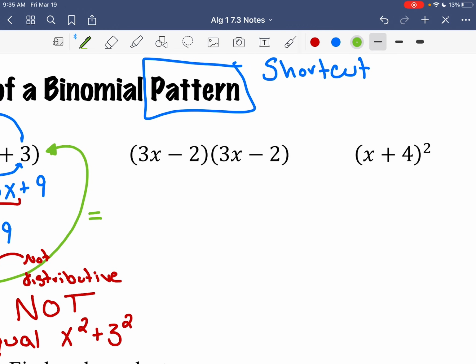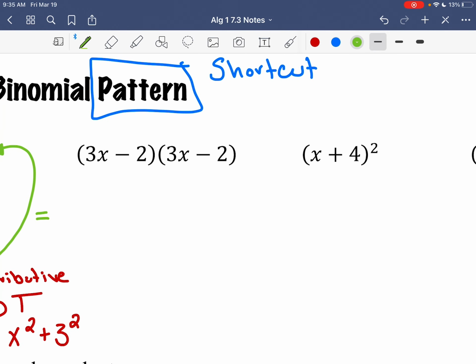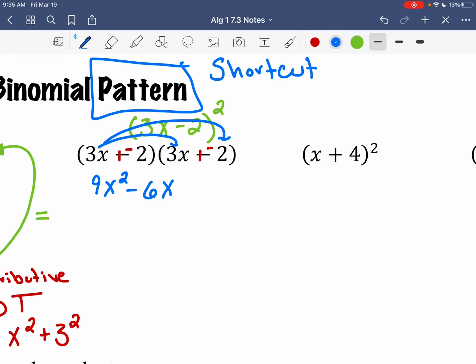Let's look at another one. Here we have 3x minus 2 times 3x minus 2. So really what we're multiplying here is 3x minus 2 squared. We distribute 3x times 3x. Well, 3 times 3 is 9, x times x is x to the second. 3x times the negative 2 is negative 6x.